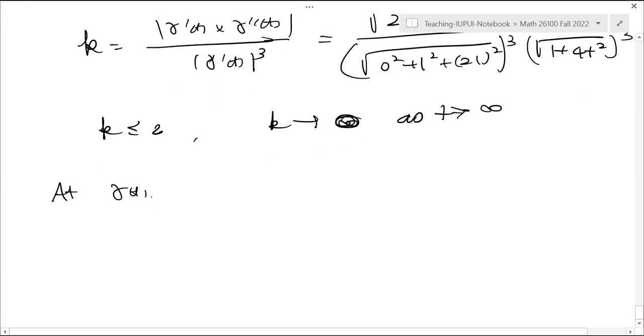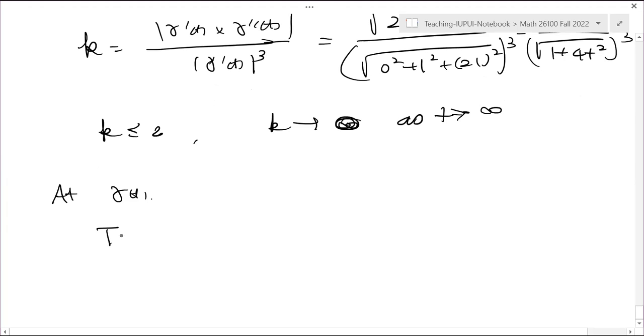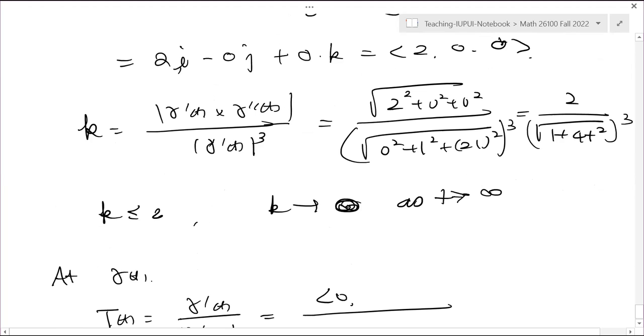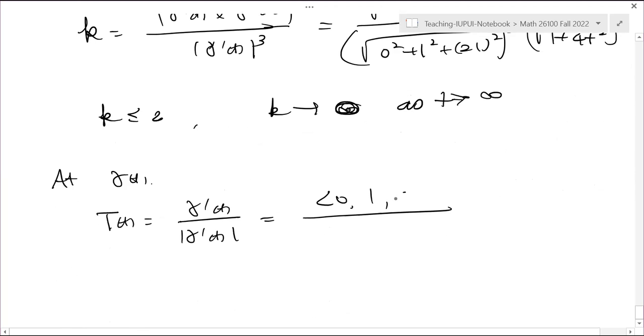Remember, I already defined the tangent, which is gamma prime t over its magnitude. That's going to be 0, 1, 2t, over the square root of 1 plus 4t squared.